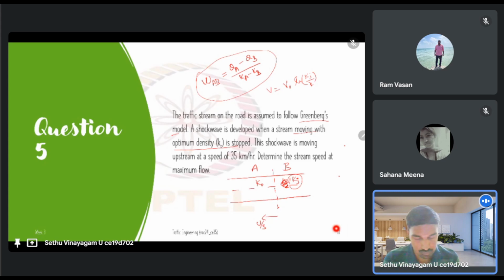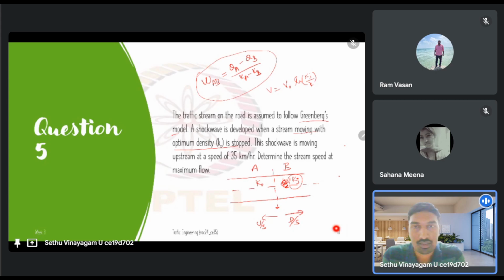So jam condition exists. These are the two traffic states that we are looking at, traffic state A and B. Because the densities are different, when these two traffic states meet, a shock wave is developed. This is the upstream of the location of the shock wave, and this is your downstream location.